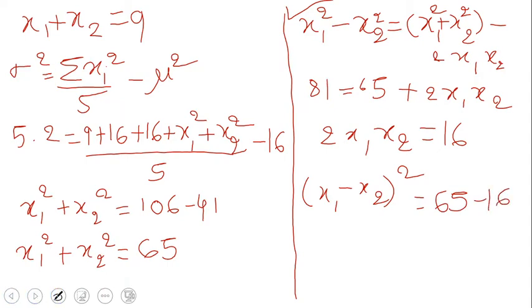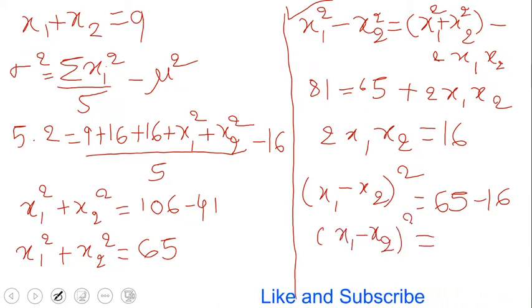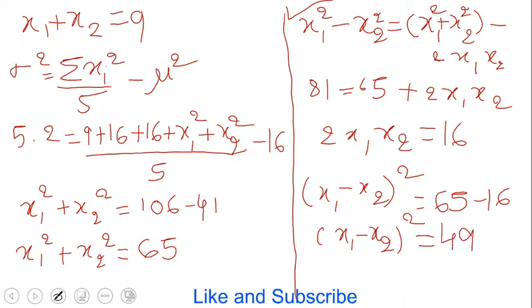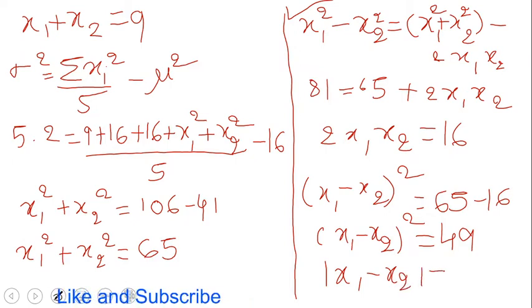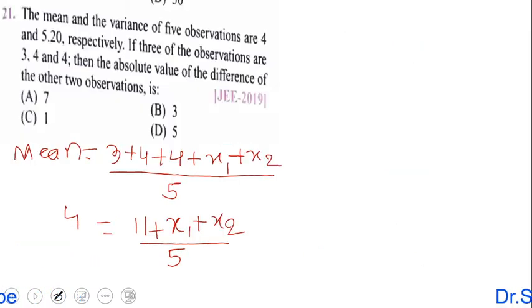On simplification, x1 minus x2 whole square is 49. So x1 minus x2 is root of 49, which is 7. Therefore 7 is the right answer here, so clearly option A is the right answer.